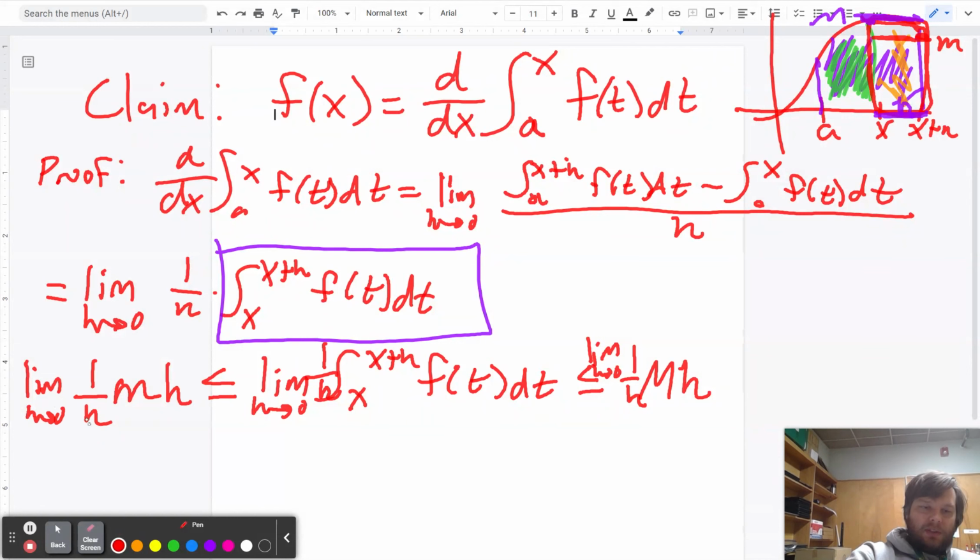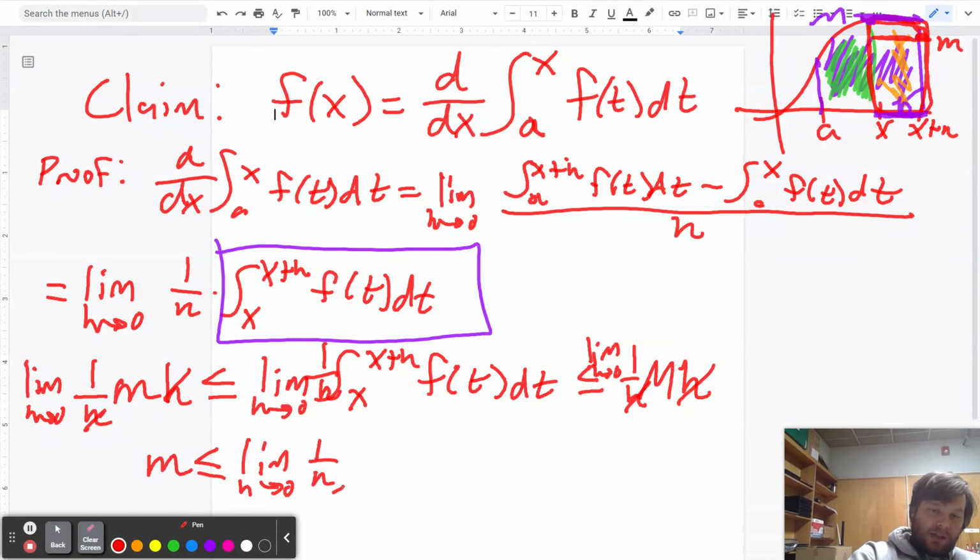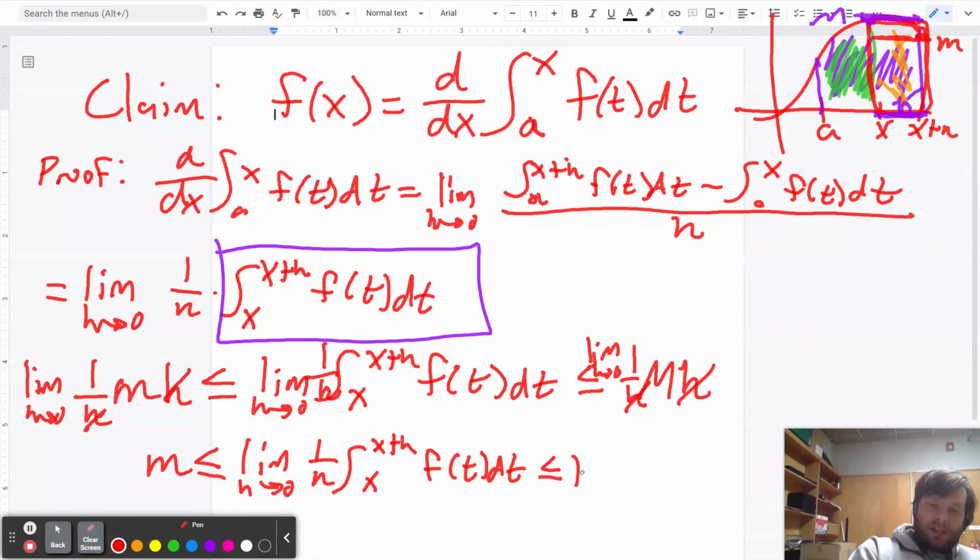After we cancel some stuff out, what we can show is that m is less than or equal to the limit as h approaches 0 of 1 over h times the integral from x to x plus h of f of t dt, and that's less than or equal to capital M.